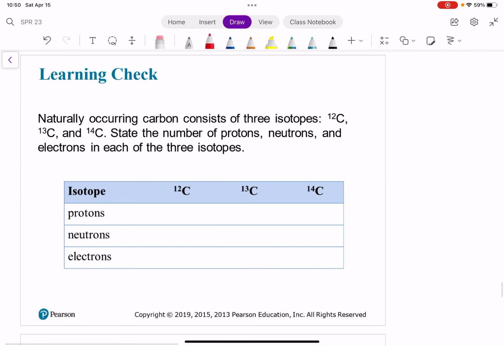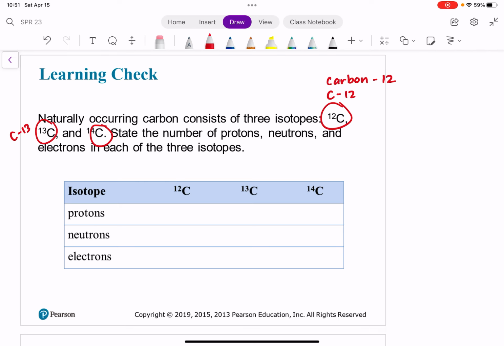All right, so here's our learning check. Naturally occurring carbon consists of 3 isotopes: carbon 12, carbon 13, and carbon 14. Notice you'll sometimes see isotopes written like C12, C13. You also sometimes see it written out like this.